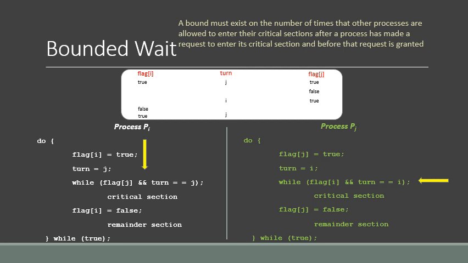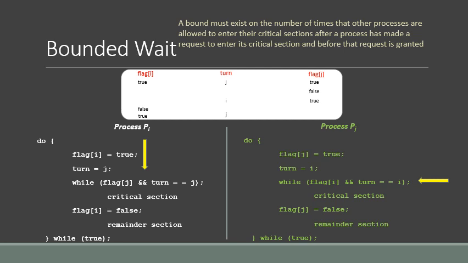However, it would be stuck at this while loop because flag of j is true and turn is equal to j is also true. So both conditions are true. It will not be allowed entry in its critical section. Why? Because now it is the turn of process Pj. Now the flag of i is true and turn is equal to i, which is false. So process Pj will now be allowed to enter its critical section.